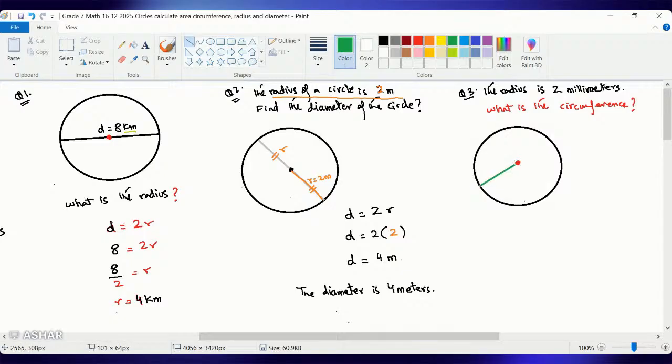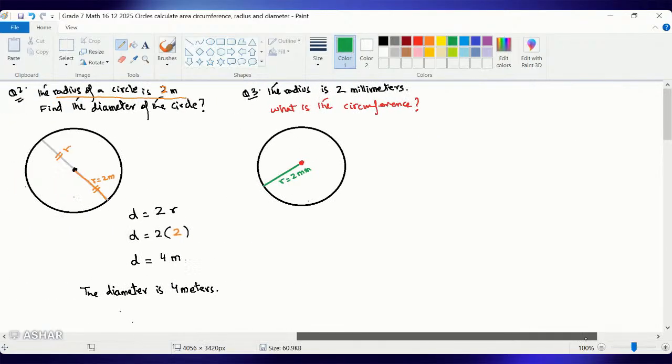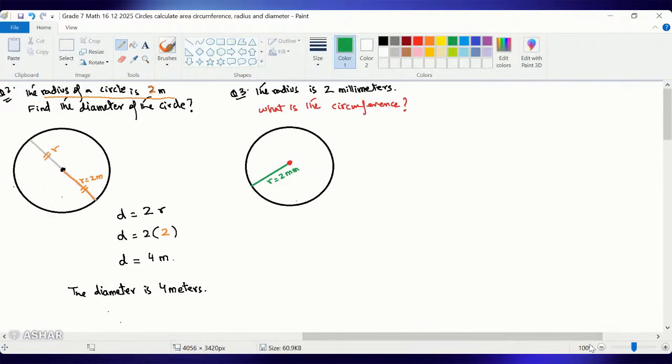So we can say this is the radius, which is 2 millimeters. In case of circles, we need to remember that there is a value of pi. We consider pi to be 3.14. This is the standard value of pi that you would be using.